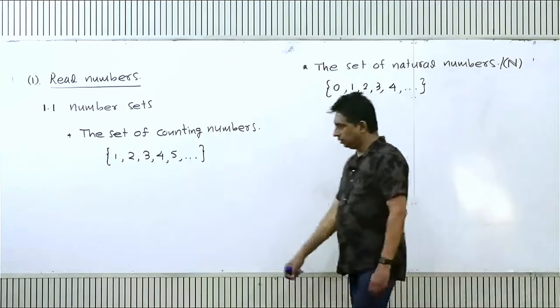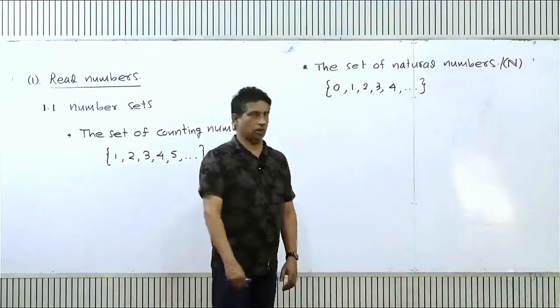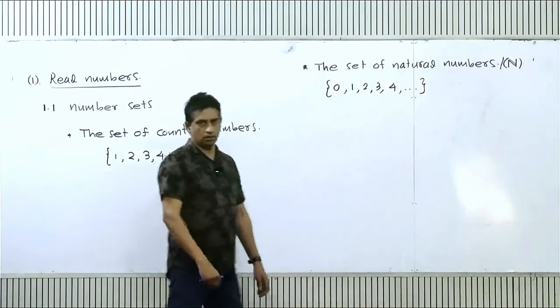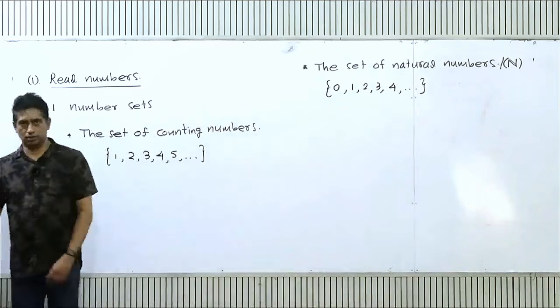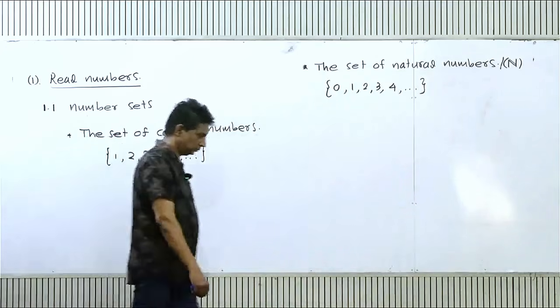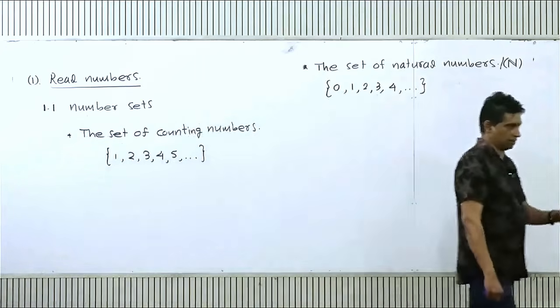This is the natural number set, the set of natural numbers, right? Okay. Now write down the second one, the set of natural numbers. Okay, now write this way.